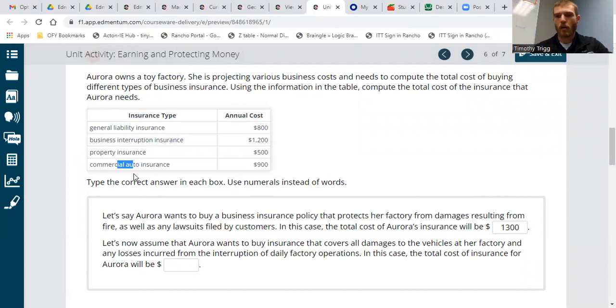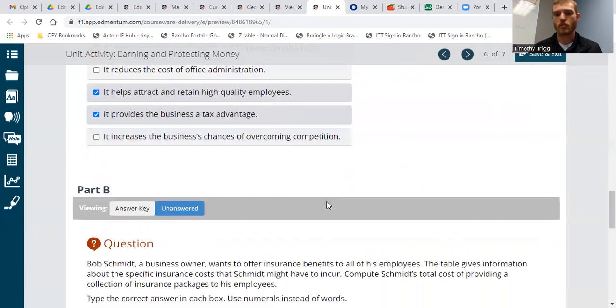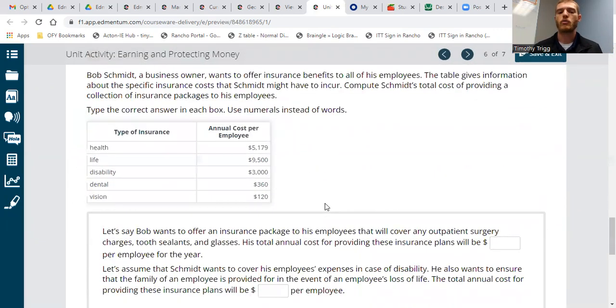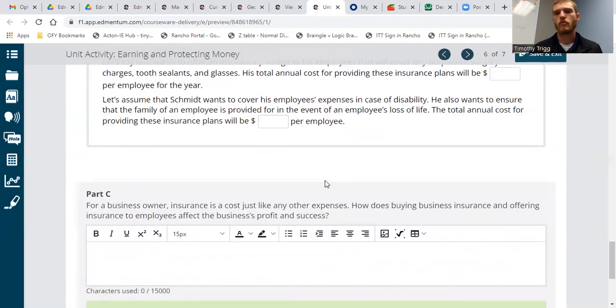If your business involves delivery or has forklifts and everything else, well, you might want auto insurance in that case, right? In the US, I think you pretty much have to, by law, have at least some auto insurance. So just kind of explain these things in this part. It just needs to be a paragraph or two. Explain why those things are important for your business and how they can contribute to a successful business.